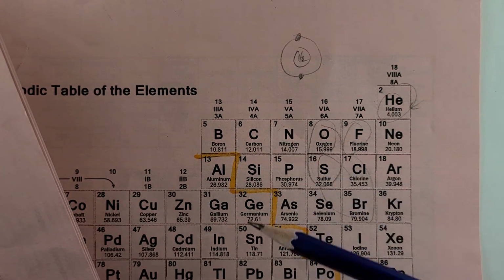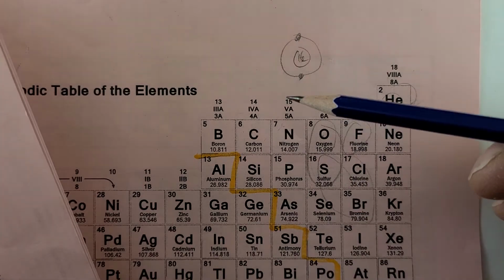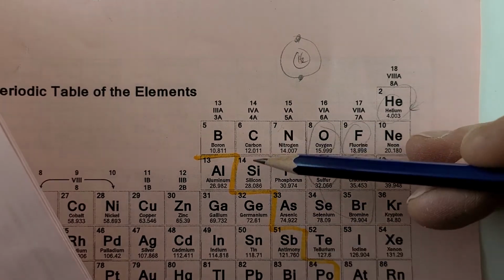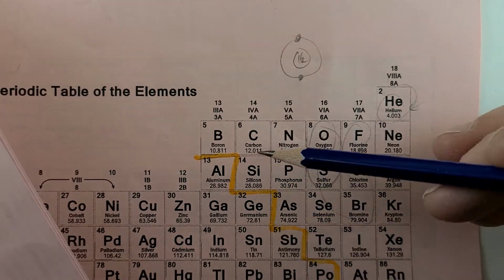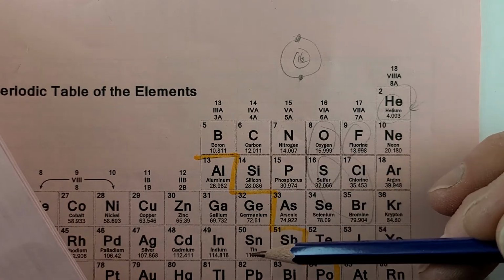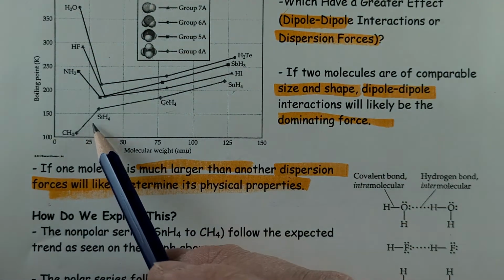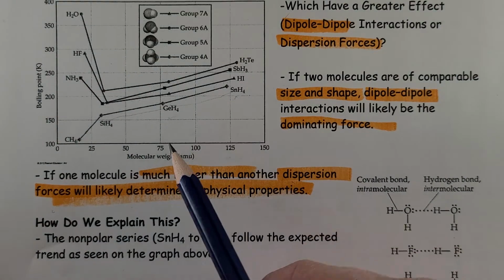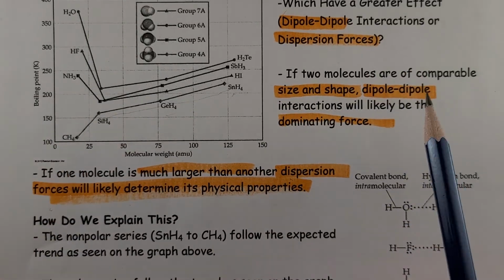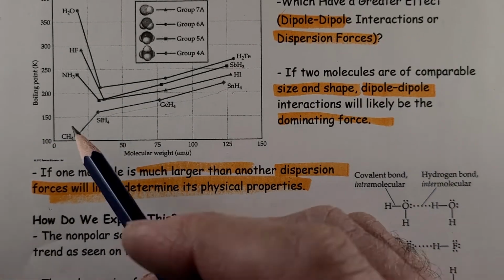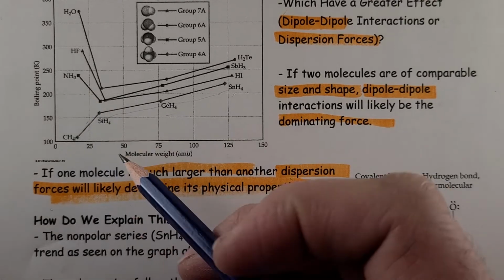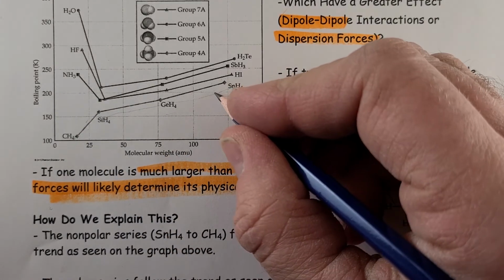So you can see we're going down a group here. As I go down a group, the boiling point increases because we have more electrons that could randomly move around, making it more difficult to separate them when going from a solid to a liquid or a liquid to a gas. So this is group 4.